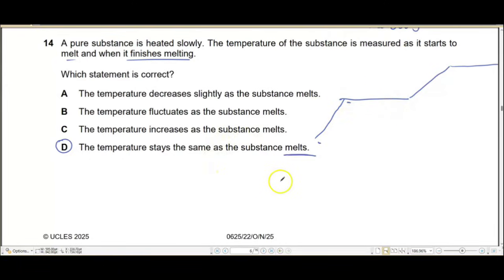If it was just mentioned that it is being heated, without a state change, it would have been a different story. But at this point, when the substance is melting, a state change is taking place, so the temperature is going to be constant.